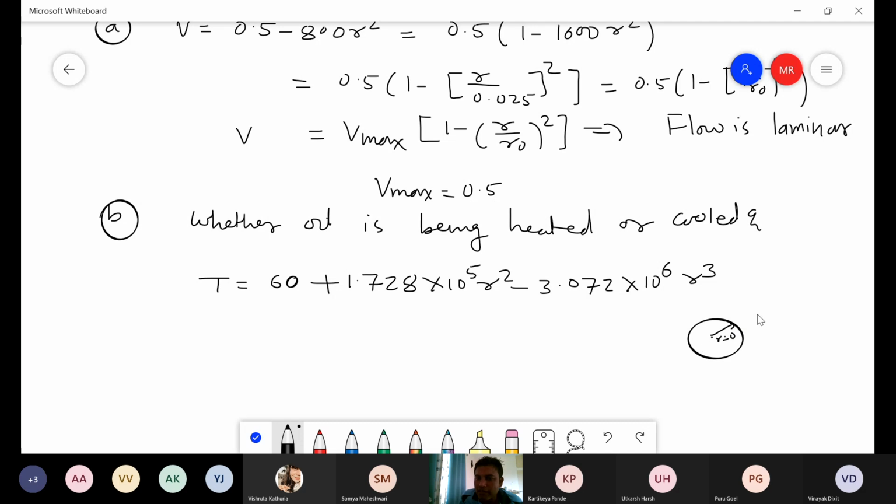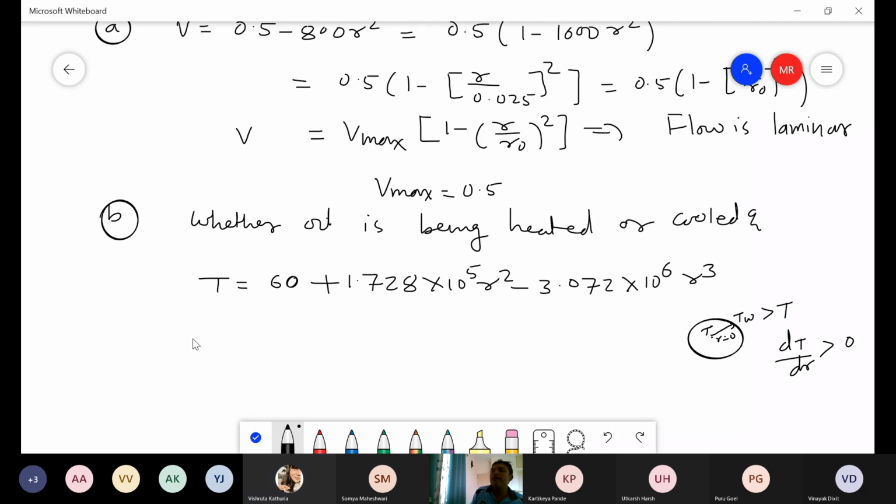As I move along this direction, if the oil is being heated, my temperature here, TW, should be greater than the T here, isn't it? All right, sir. Got it. So this can be obtained only if you are getting dT by dr greater than 0. Then only you can conclude that as you are moving along the direction of r, your temperature is increasing. Clear?